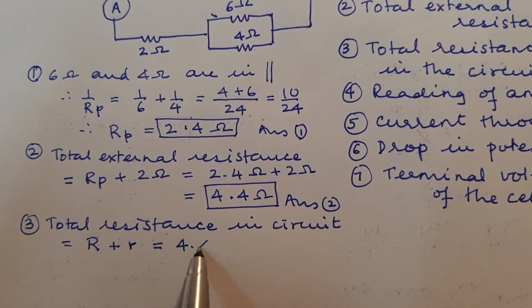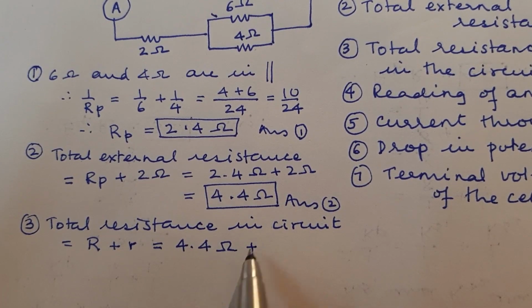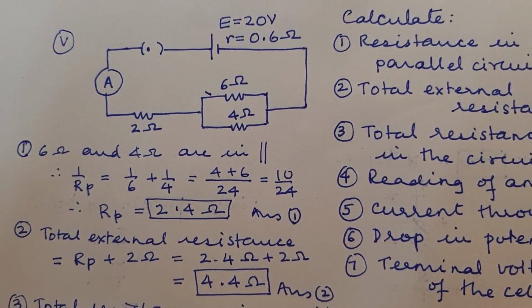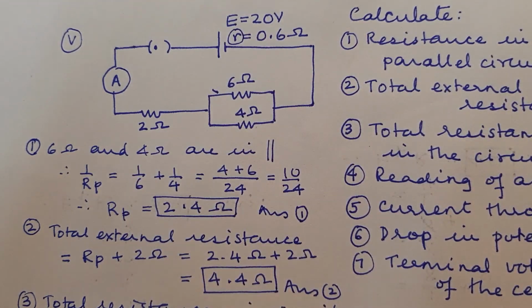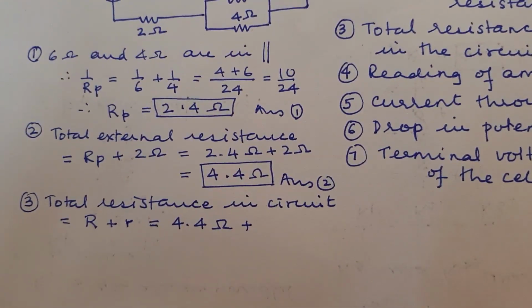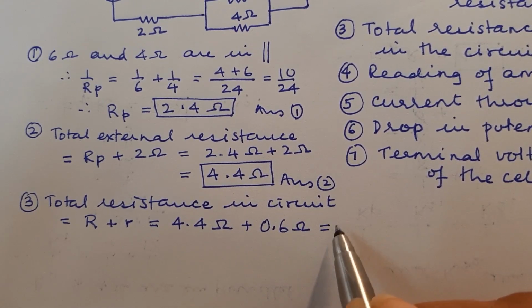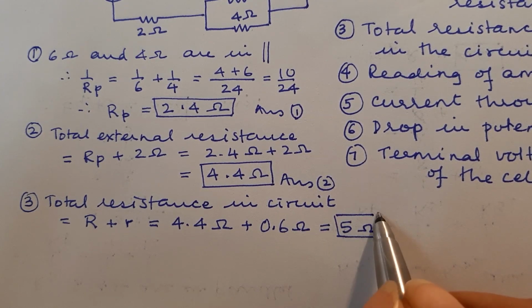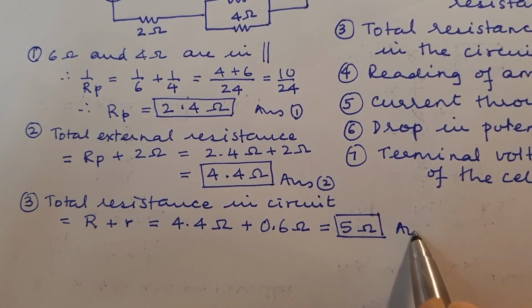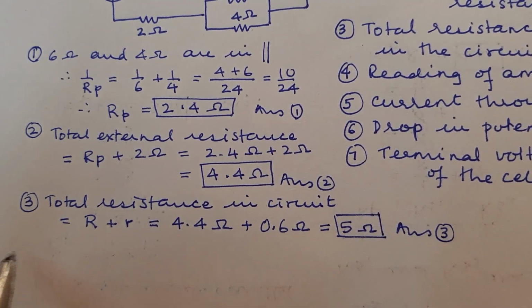So 4.4 ohm plus, see here we have the internal resistance, it is 0.6, so that will be added, which is equal to 5 ohm, and that becomes our answer 3.